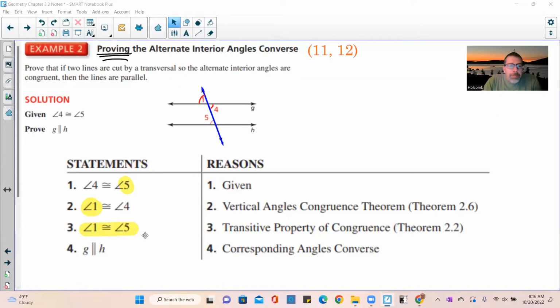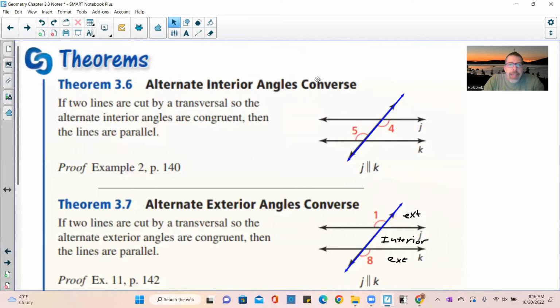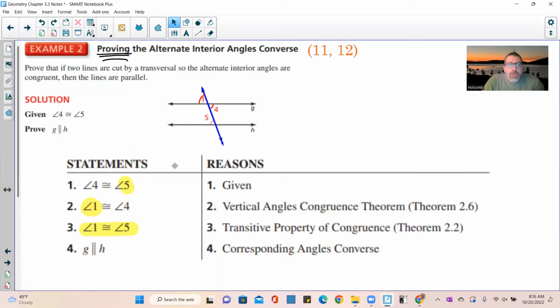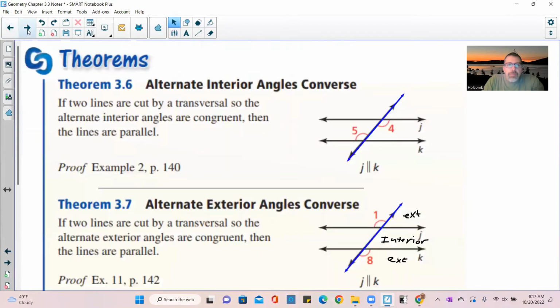Okay, but if I go back, we had the alternate interior angle converse here, 3.6. So really, right from 4 being congruent to 5, we could have just simply said G is parallel to H right here, and said alternate interior angles converse.